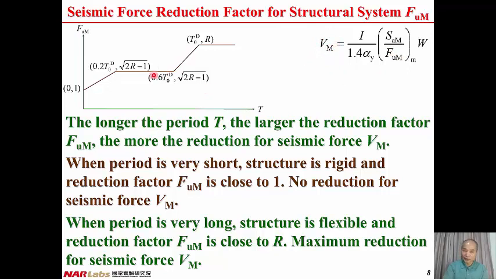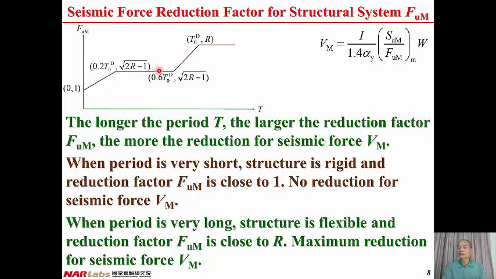When the structural period is very, very short, the structure becomes very, very rigid. Even though the structure possesses ductility, because there's no deformation, the ductility cannot be developed, so the reduction factor FUM is close to 1, no reduction for seismic force Vm.